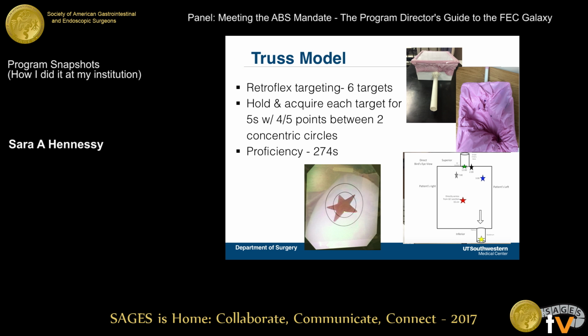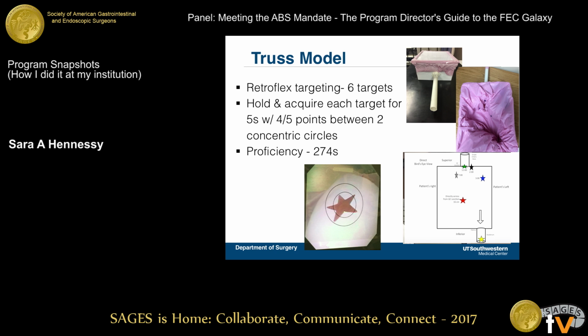So the first model that the residents work with is the Truss, and this is designed to practice retroflex targeting with the 6 targets. And there's a picture of the model there. You can create this at your institution. It doesn't take a whole lot to put it together and is relatively inexpensive.